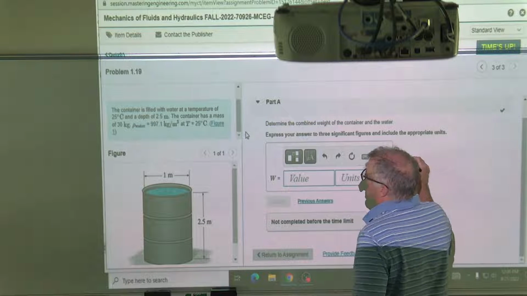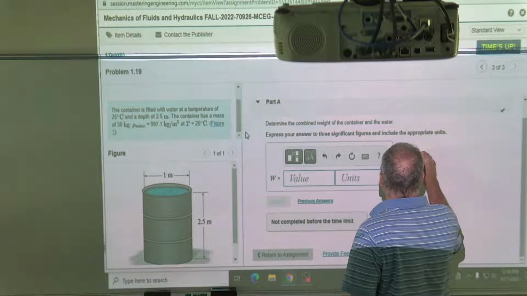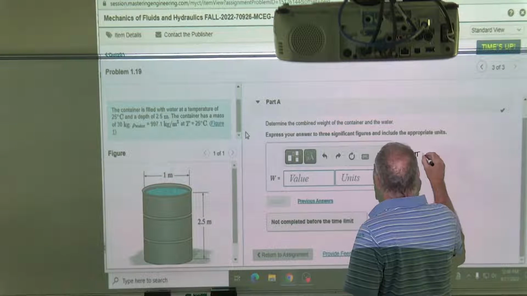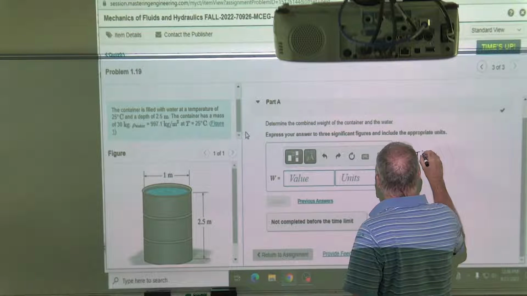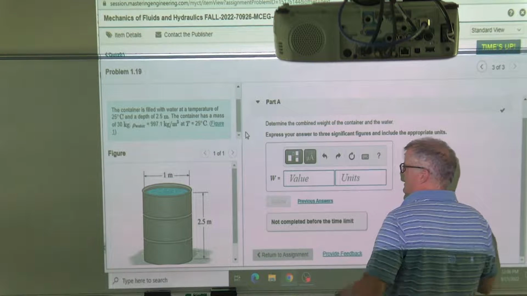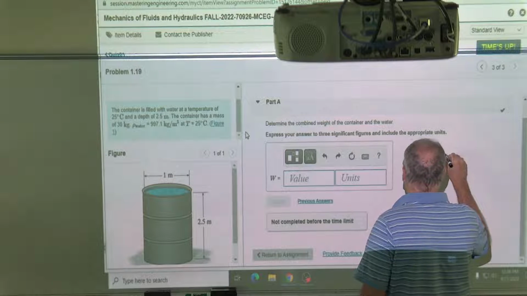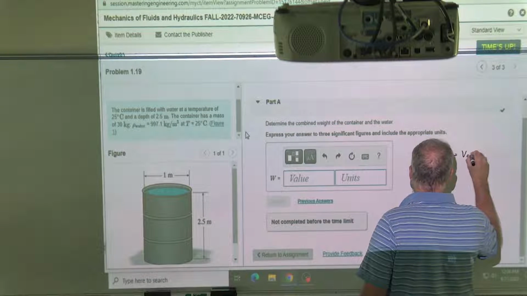Okay, so let's start with, he's got pi diameter squared over 4, that's the area of this top thing, times 2.5, that would be the volume.